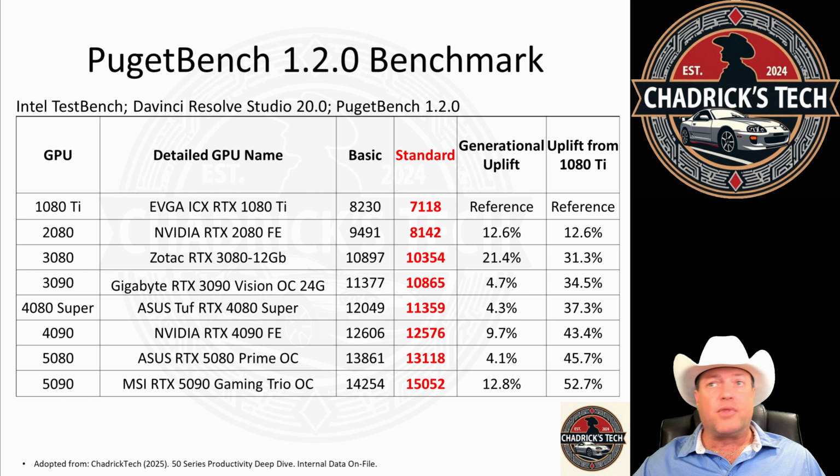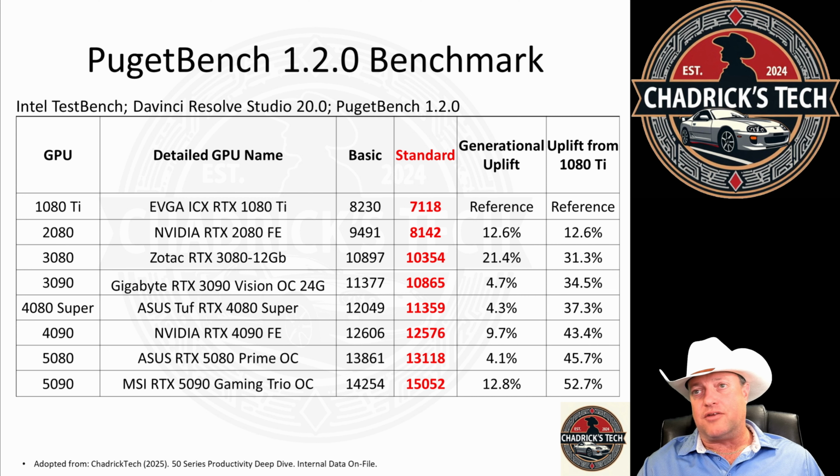Now, keep in mind, we just talked about the 5080 not beating the 4090 in terms of performance, but that was from the synthetic benchmark, and we saw that in gaming. But we don't necessarily see that when you're looking at productivity with things like Puget Bench and this type of software. We see the usual uptick that we would expect to see.